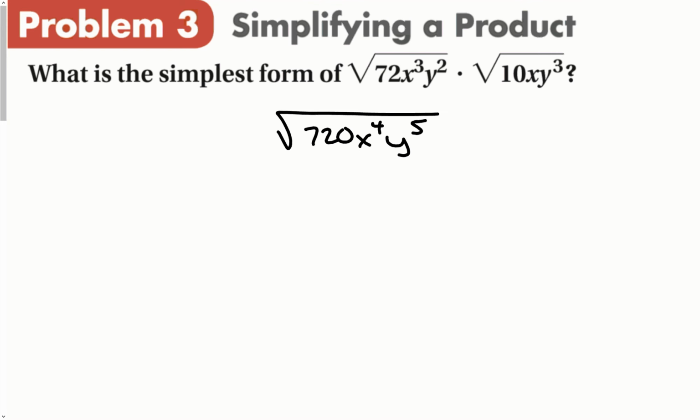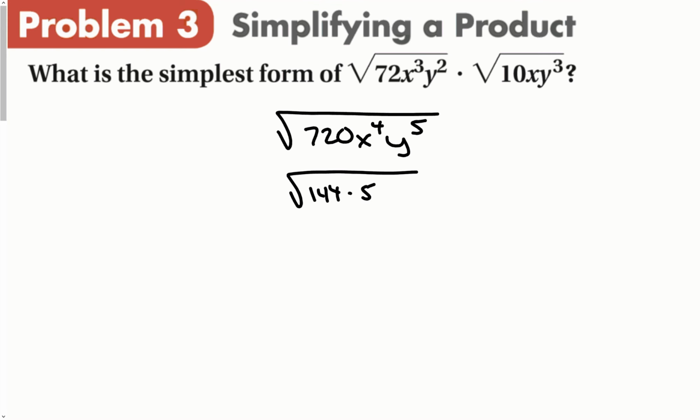Okay. Now we need to think of a perfect square that goes into 720. And most decent calculators will do square roots, simplify them for you, but very few will do cube roots. So just looking at this, it's a pretty big number, and if you don't see it right away, you can take a few different things out, but I happen to see that 720 is 144 times 5.